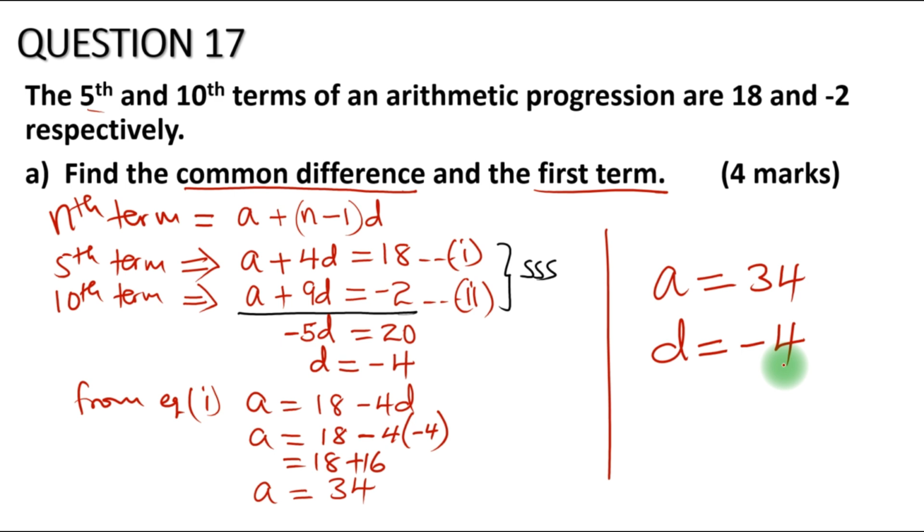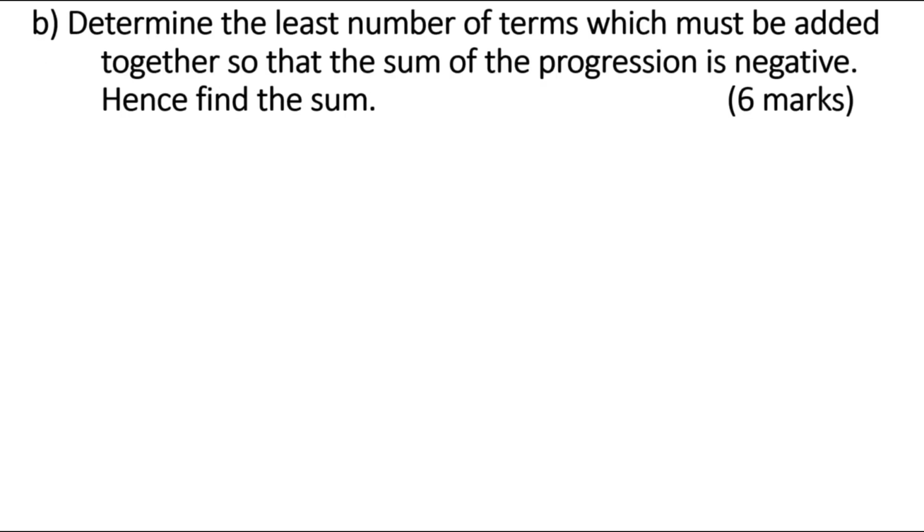So let us look at part B of the question. Determine the least number of terms which must be added together so that the sum of the progression is negative. Hence we find the sum. So in our case here, with the condition that we have been given, we need to find the least number of terms, so we need to find n.